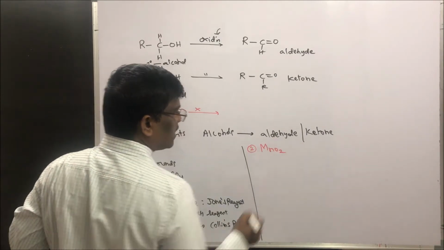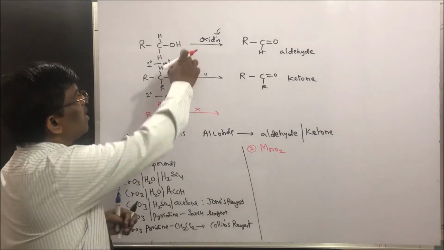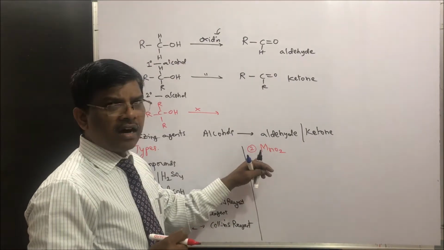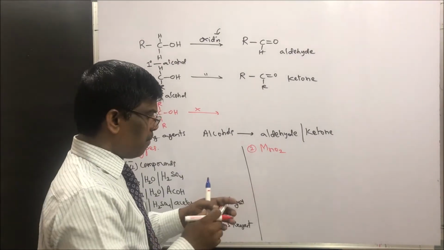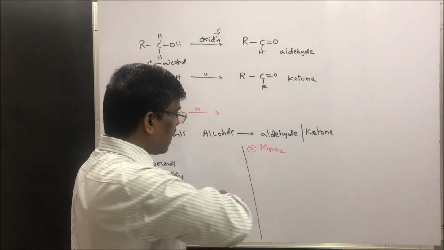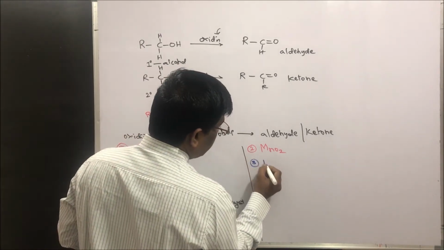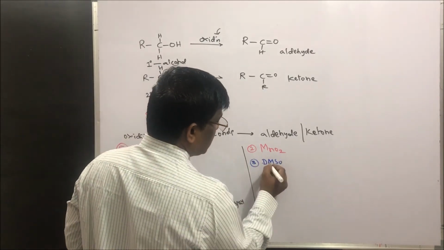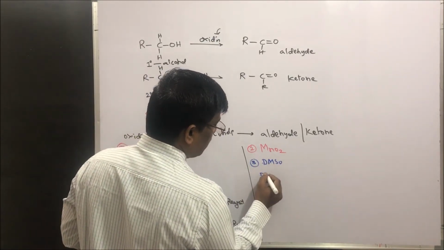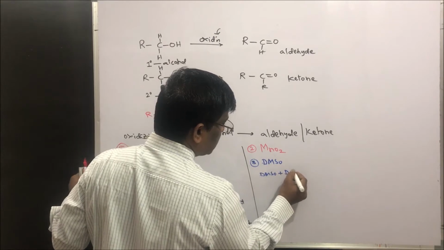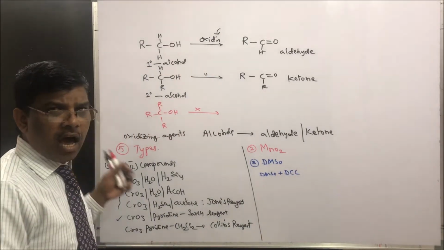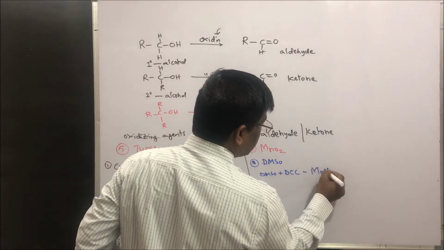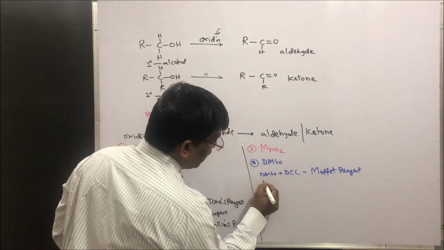The second type of commonly used reagent is MnO2, manganese dioxide, which oxidizes primary, secondary, allylic, and benzylic alcohols; all types of alcohols can be oxidized using manganese dioxide. The third category is DMSO reagents. DMSO, dimethyl sulfoxide, plus DCC, dicyclohexyl carbodiimide, is known as Moffatt reagent.